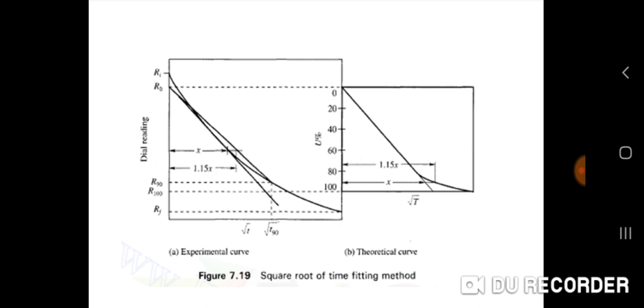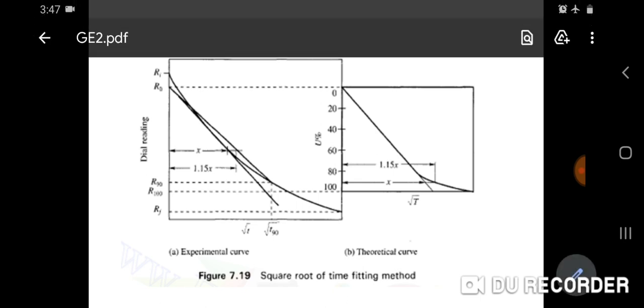Once you get the square root of t, you can put the value in the y direction also as R90. Here R90 is given, and in the same way the corresponding value for the x axis is square root of t90. As in the last class we considered 50 to 60% consolidation of soil, here also we consider about 60%.